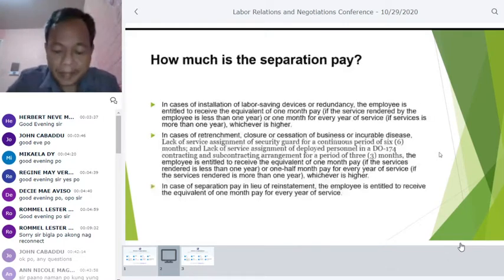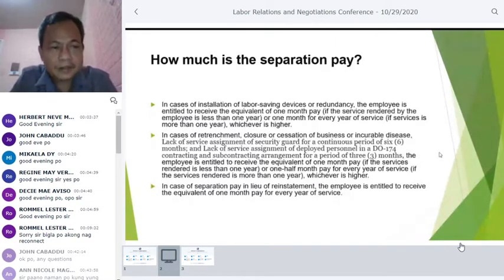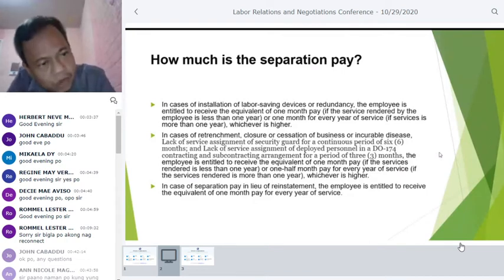Okay? This is the good part. How much is the separation pay, supposed to be paid by the employer to the employee?